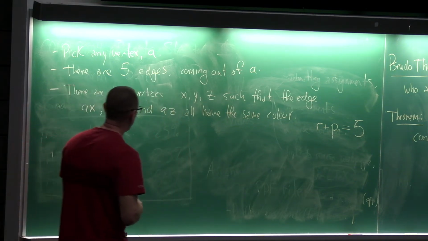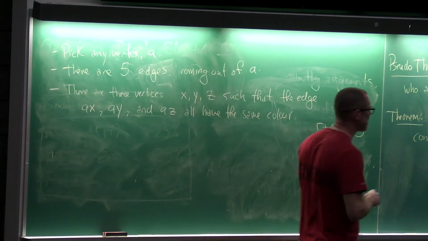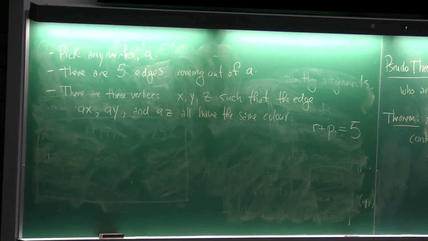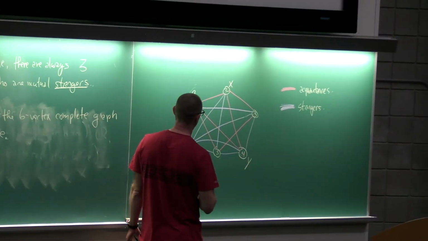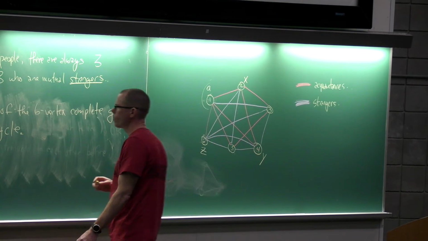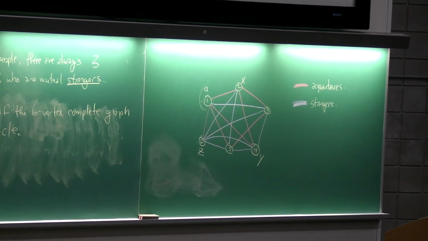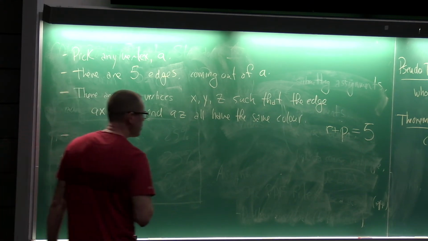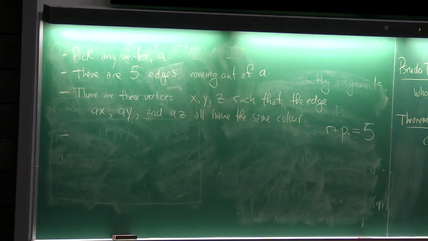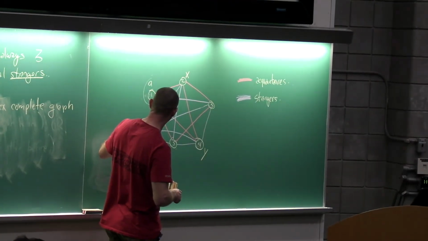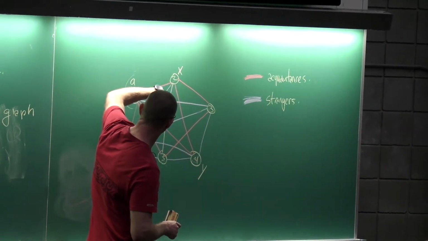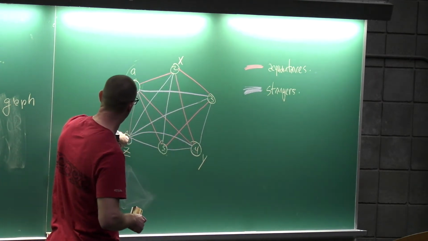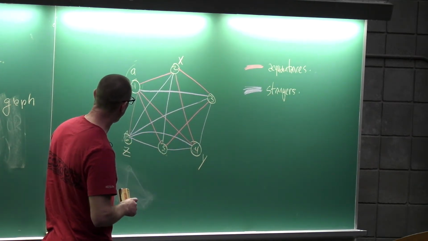All right, good. So let's look at that X, Y, and Z. So we've got XZ, XY, YZ.